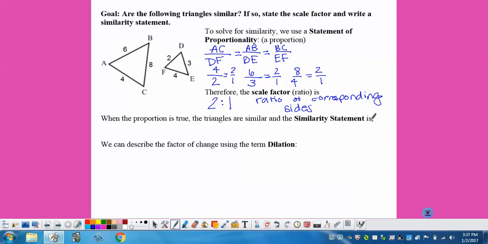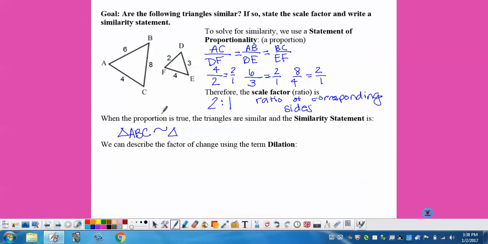The similarity statement would be, we're going to use our first triangle, and I'm just going to go in alphabetical order, A, B, C. And our symbol for similarity is just the one squiggle like we had in congruent, but without the equal sign. Now we need to make sure that the letters for our second triangle are in the corresponding order to where the letters are in our first triangle.